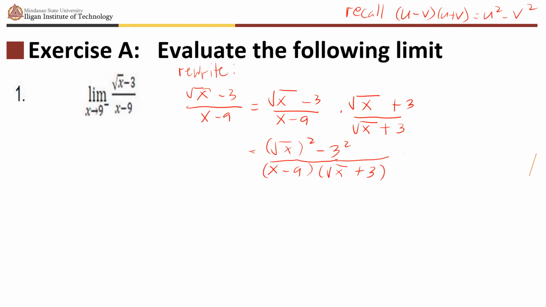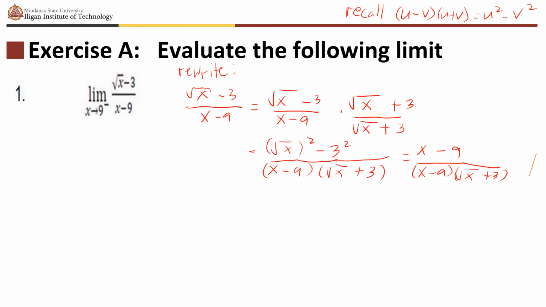But this should give us a value equal to x. You can get rid of the square root and square there. Minus 9, all over x minus 9 times square root of x plus 3.